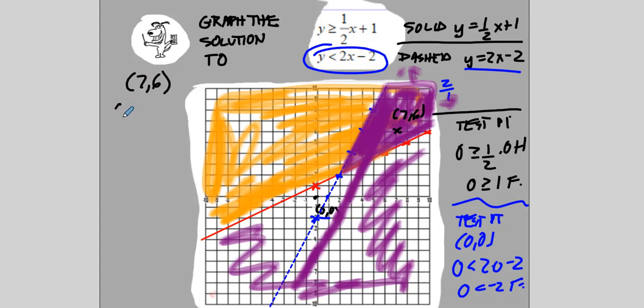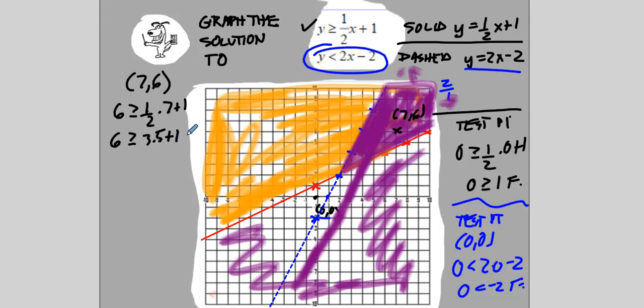So 6 is greater than or equal to, because y is 6, I'm doing this one first, 1/2 times 7 plus 1. Okay, so we have 6 greater than or equal to, well, 7/2 is 3.5 plus 1.